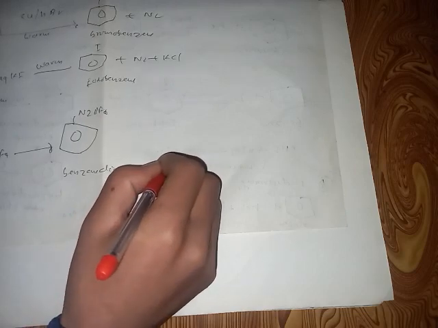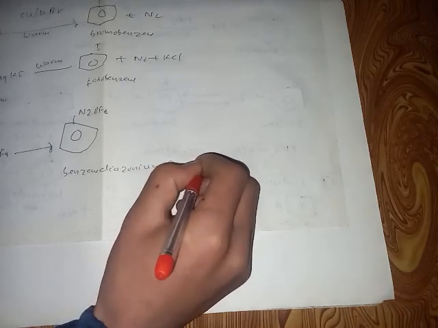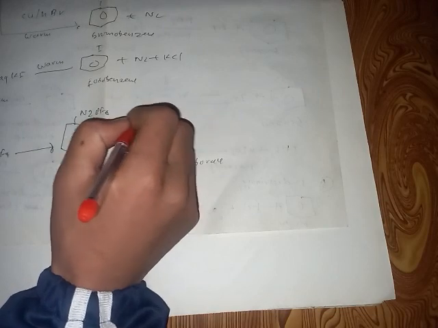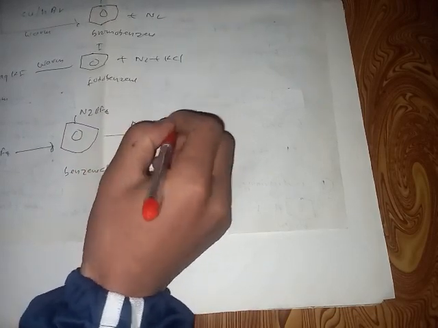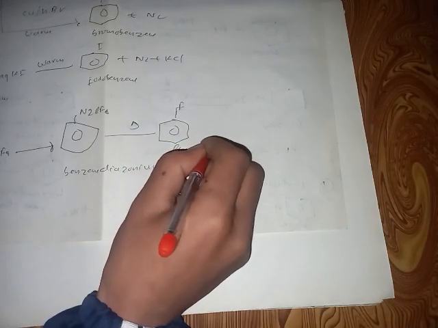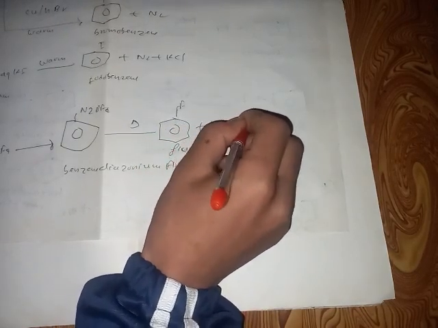Then to give the new product, the name of the product is N2BF4, benzene diazonium fluoroborate, and which on heating produces the product fluorobenzene, and the side products are BF3 plus N2.